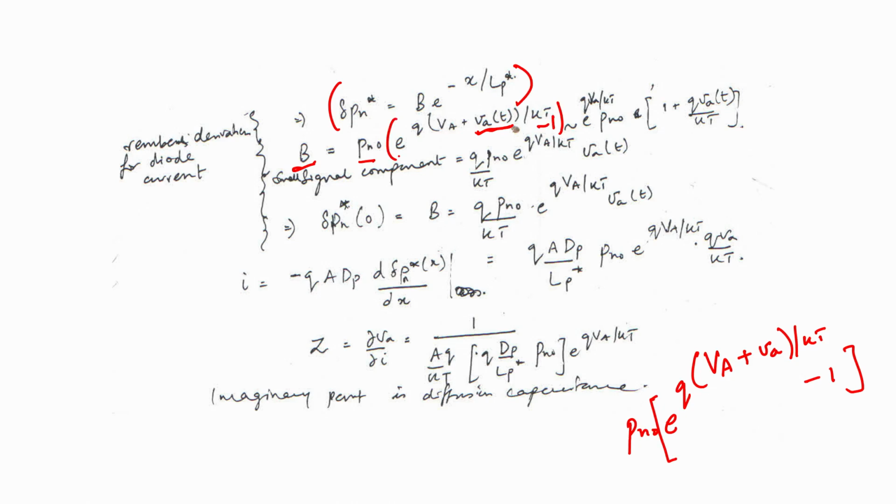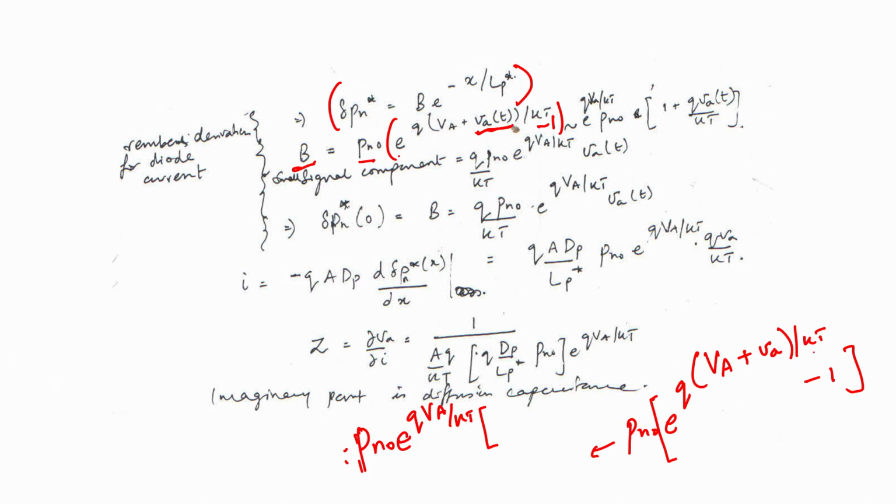Okay, and we could now approximate this. We can approximate this and say that this particular term is nothing but Pno e to the power, we will just take out the large signal or the DC components out, KT, and you leave behind only the small signal part.